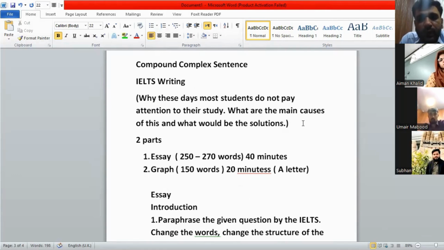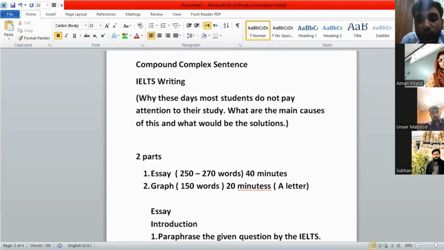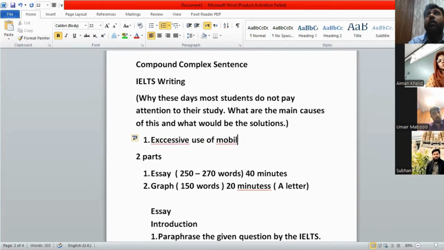Now we should write, first of all, what should be the cause. That why these days most students are not paying attention to their study. So the very first cause is excessive use of mobile phones.